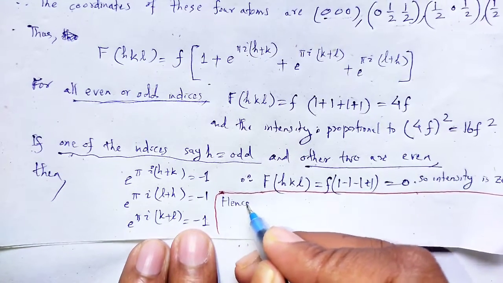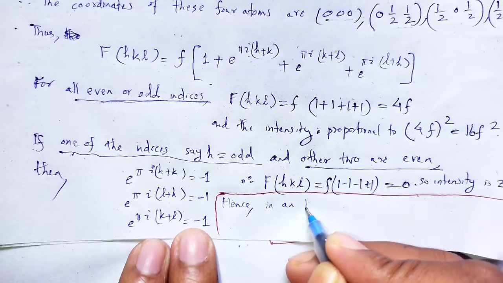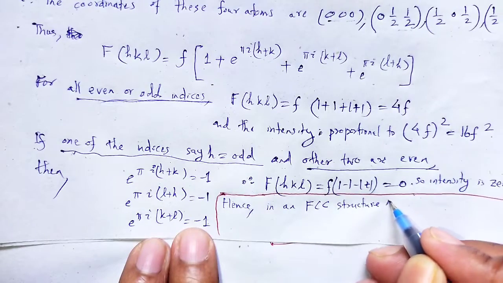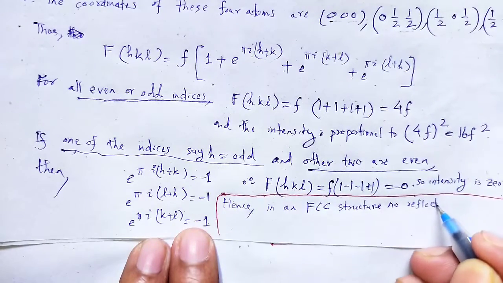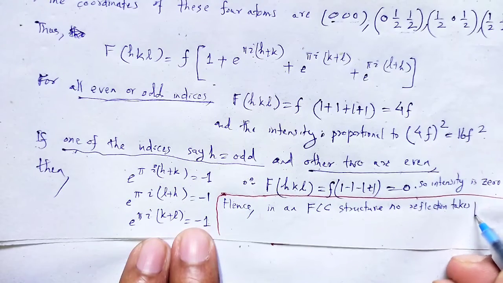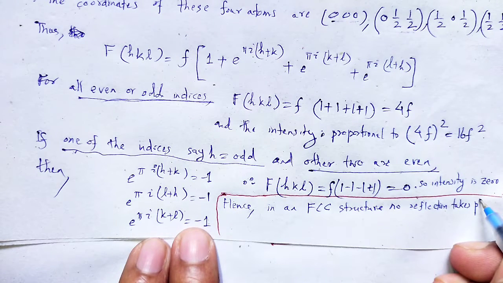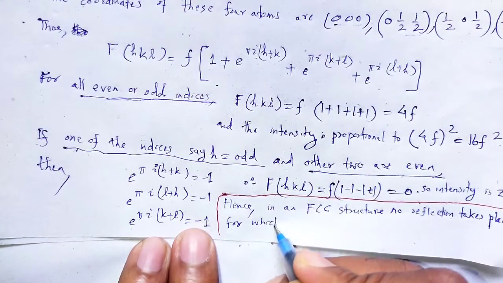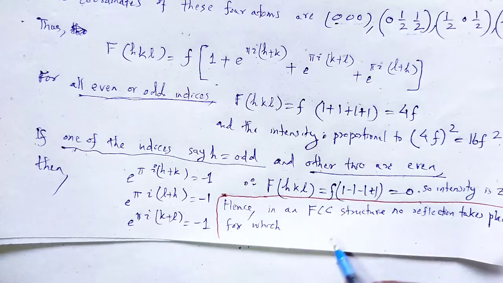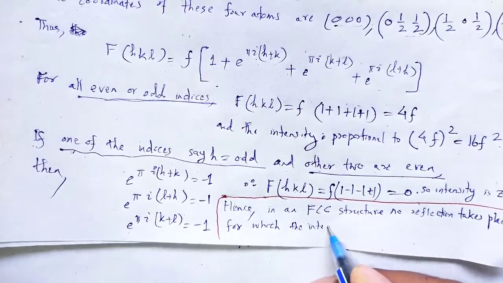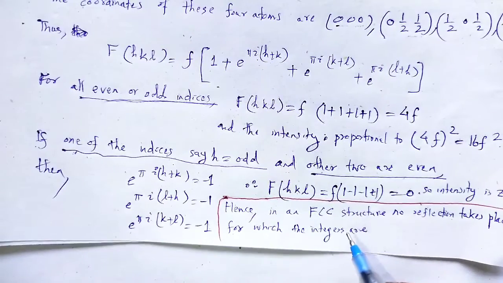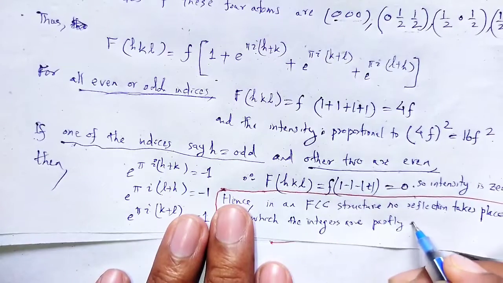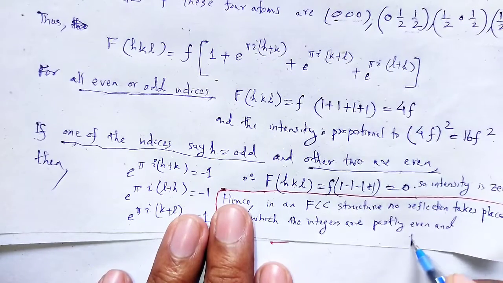Hence in an FCC structure, no reflection takes place for which the integers are partly even and partly odd.